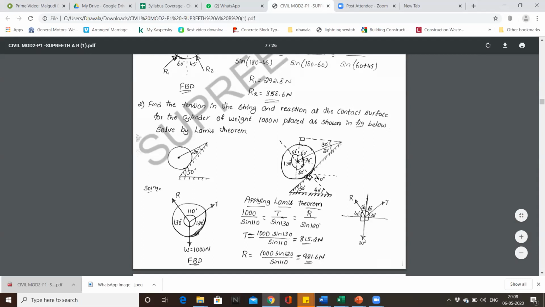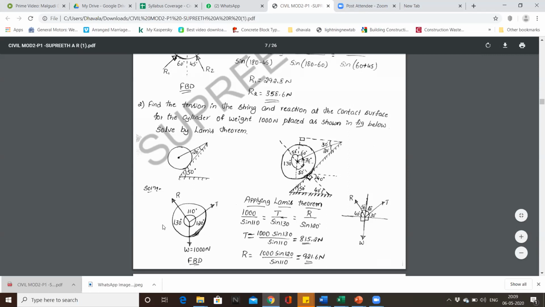The angle subtended will be equal to, this is the tension, and this string is inclined at 30° to the normal or to the horizontal surface. Similarly, the reaction is inclined at 40 degrees and this angle will be equal to 180 minus 30 minus 40.